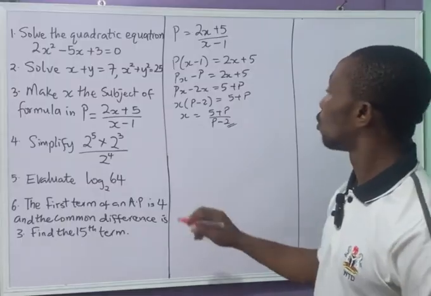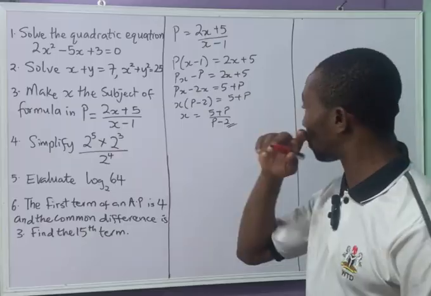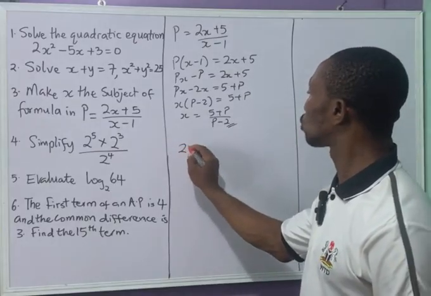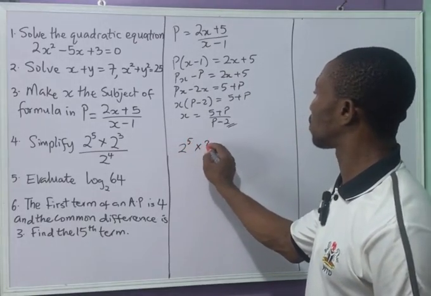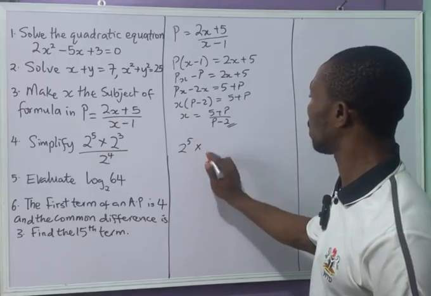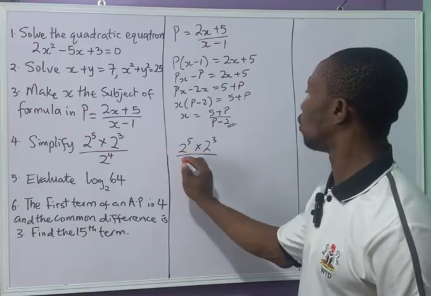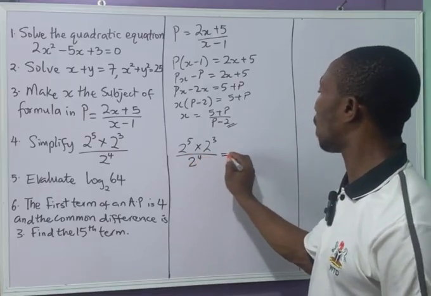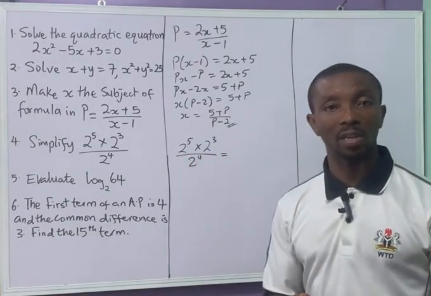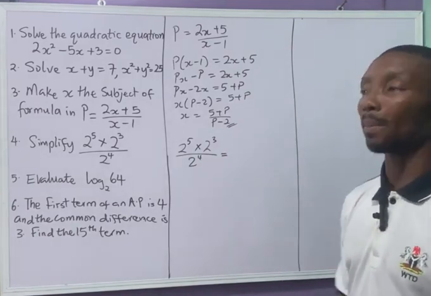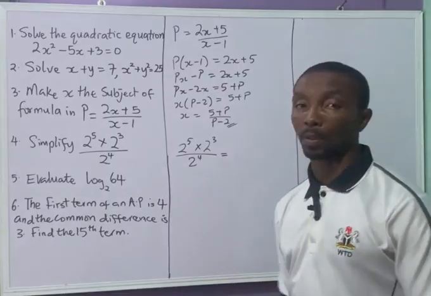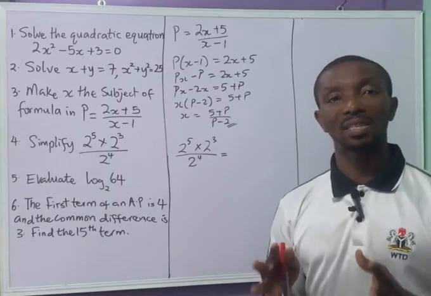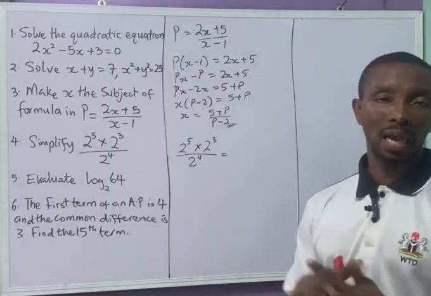Okay, next we have simplify, which is on indices: 2 raised to power 5 times 2 raised to power 3 all over 2 raised to power 4. Now, applying a law of indices here, it is important to remember your laws. We have the multiplication law: since they have the same base, we add them.